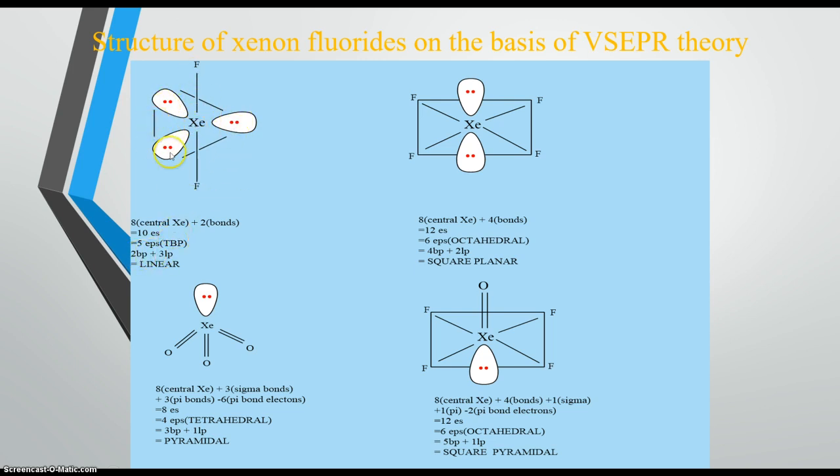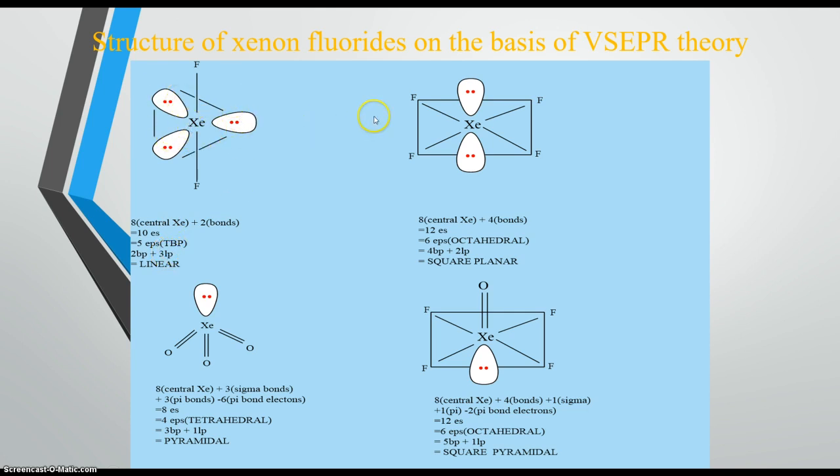Lone pairs do not contribute to the main structure, so the geometry is trigonal bipyramidal, but the actual structure is linear.